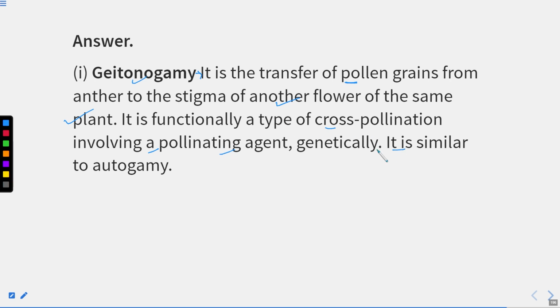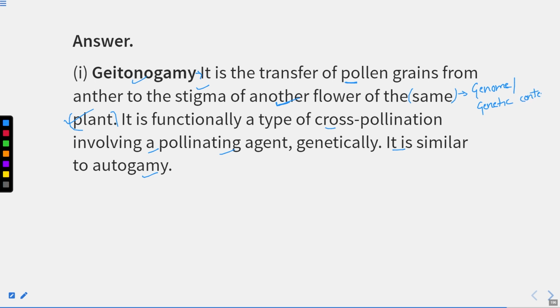But it is very similar to autogamy. How is it similar to autogamy? Because the pollen from the anther is transferred to the stigma of another flower, but that other flower is present on the same plant, meaning the genome or the genetic content is the same.